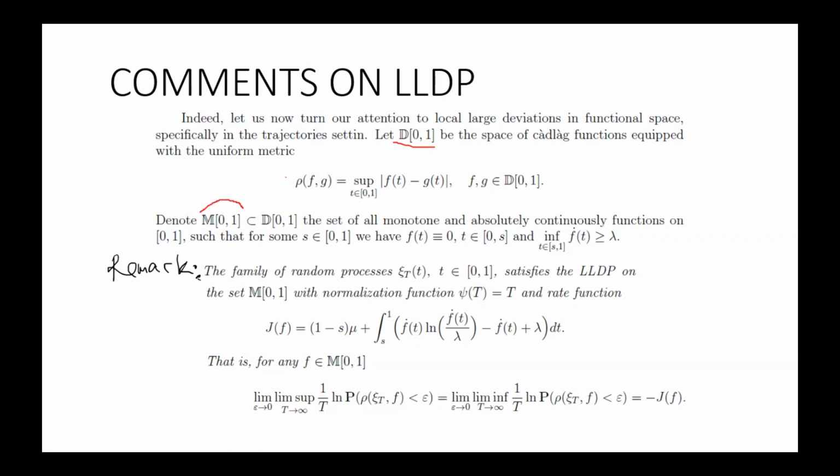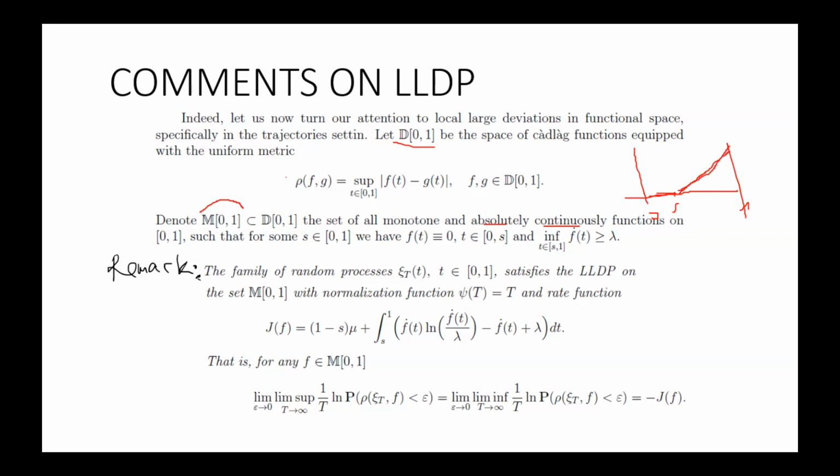And we consider only the subset of monotone and absolutely continuous functions on the interval 0, 1, such that the function is like this: zero up to some point s, and after that it is some increasing monotonic function.